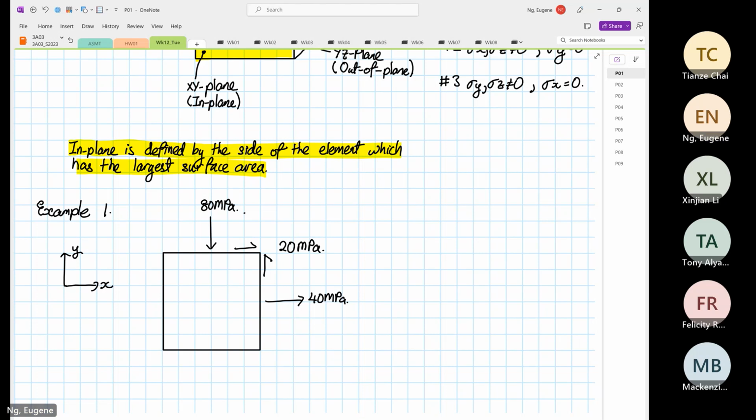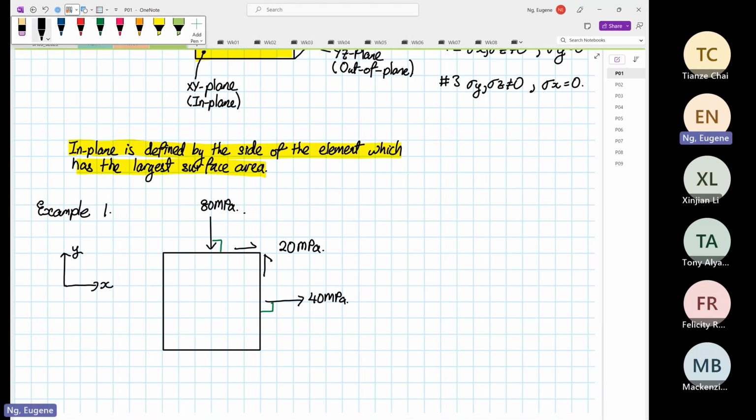So a few things that you can see over here. When the stresses are acting normal to the surface, these are all normal to the surface. I'll use a different color, pardon me. When it's normal to the surface, we call it normal stress.